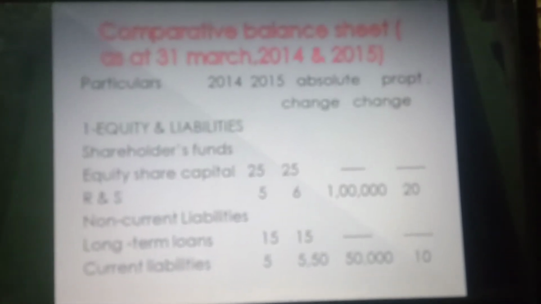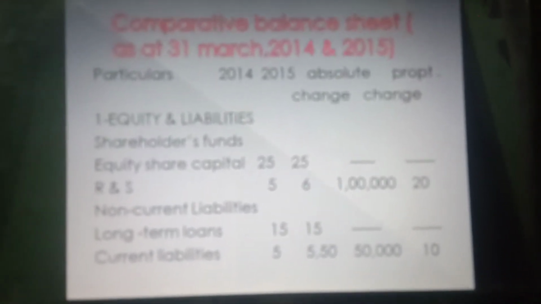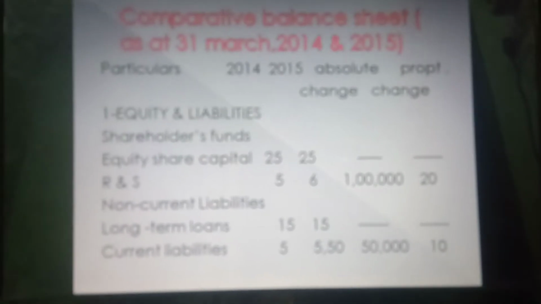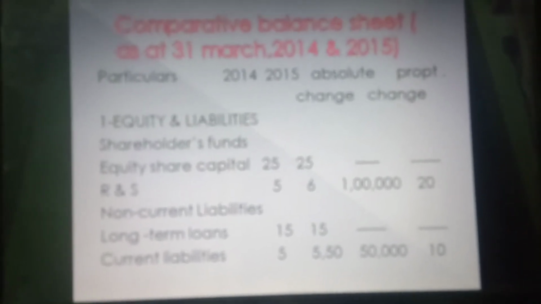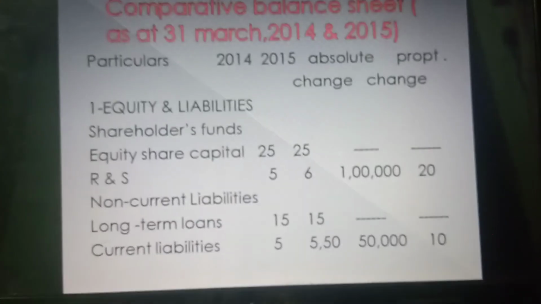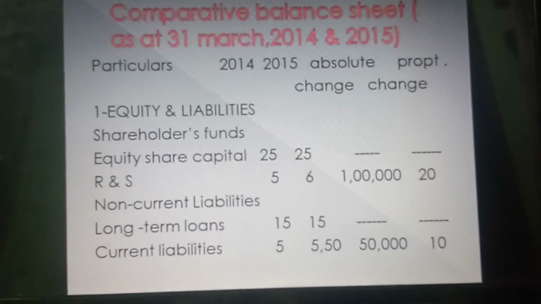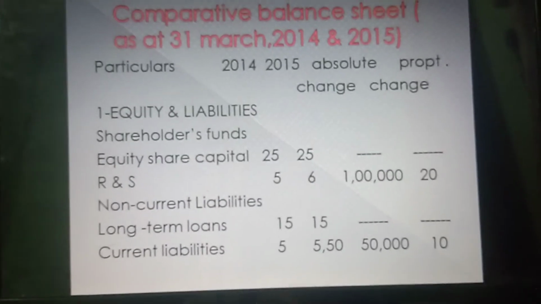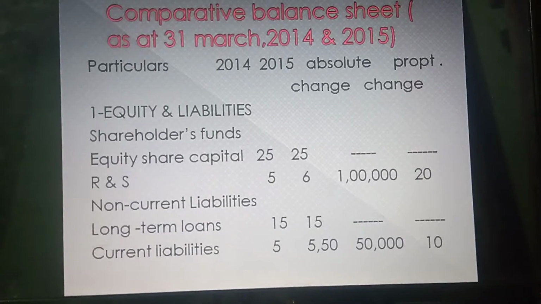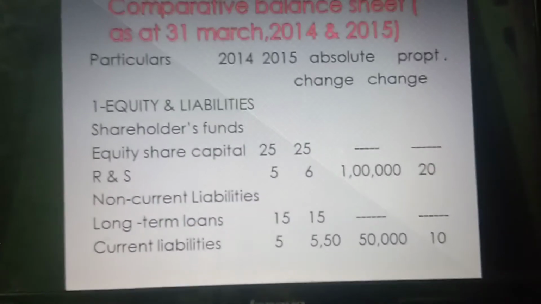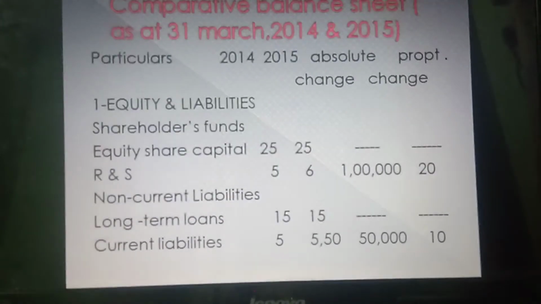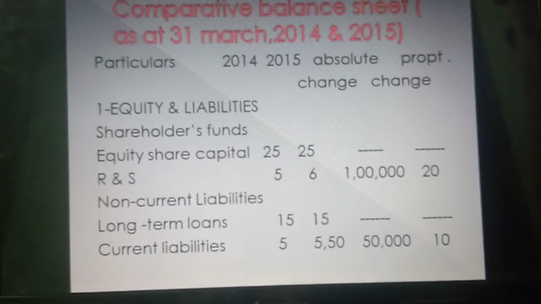Now when we see the change in percentage, the formula is absolute change into 100 divided by the previous year amount. But here, as you can see, there was no absolute change, so the percentage will be nil. So for equity share capital there is no change at all, neither in absolute change nor in percentage.